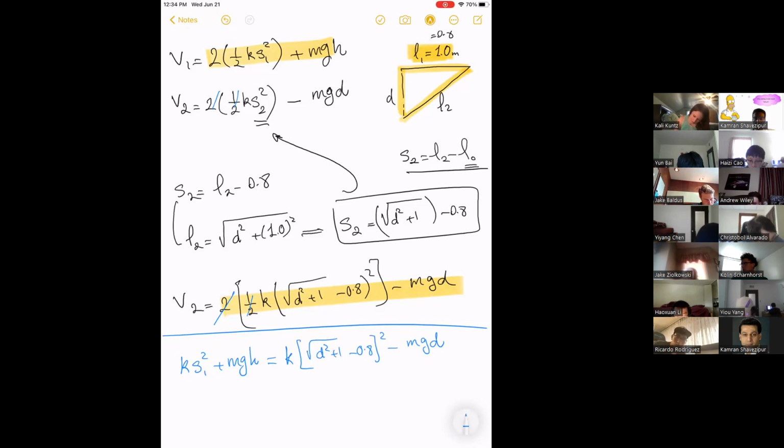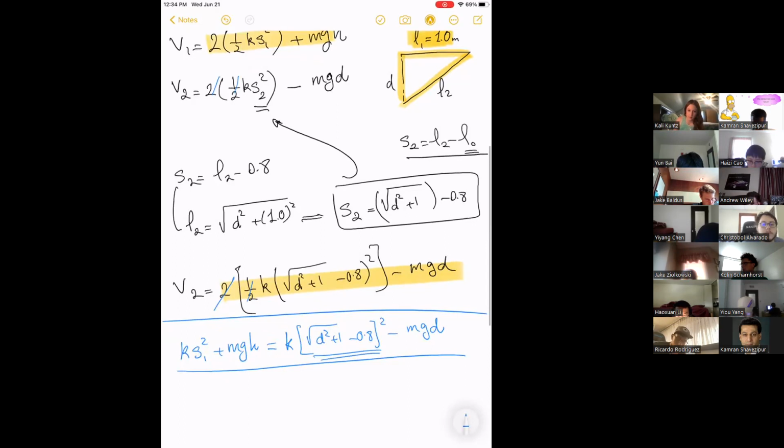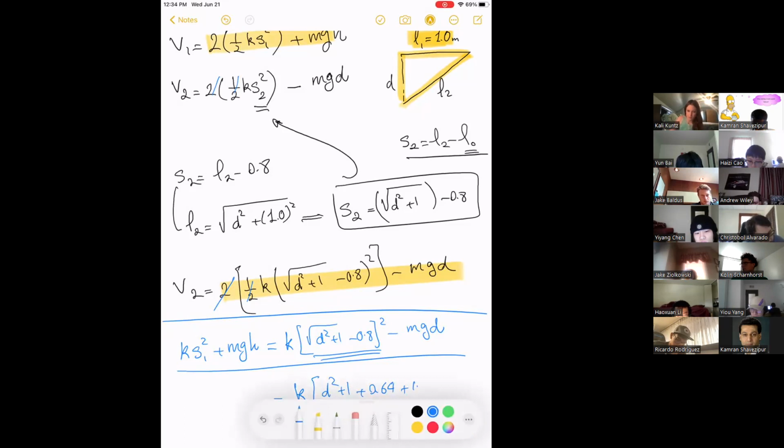Right? You may realize that this is a nonlinear equation, which is okay. You can expand this, right? You get k times (d squared plus 1 plus 0.64 plus 1 minus 1.6 the square root of d squared plus 1).